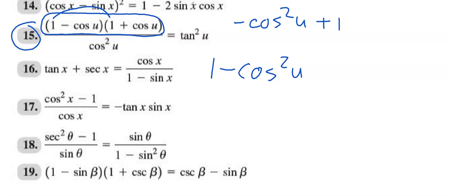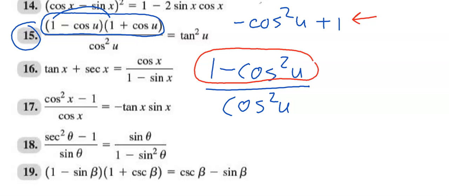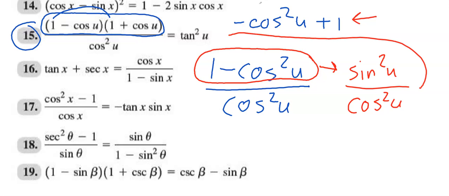That's a famous one, isn't it? What is 1 minus cosine squared? That's really sine squared, isn't it? So you might not recognize it like the one at the top. You might recognize that as sine squared. Now what? Oh, we're done? Yes, ta-da, we're done. We got it.